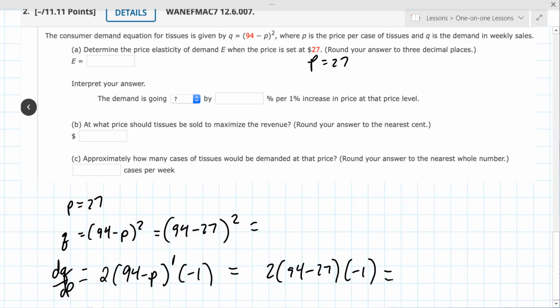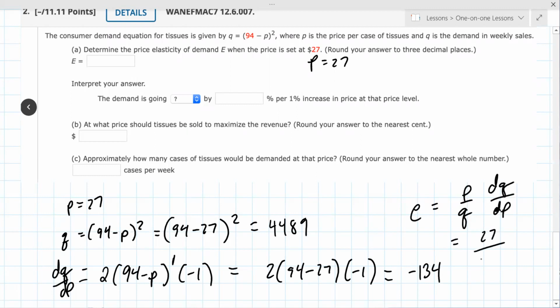So you get these three numbers, which I will give you here. Let me get my calculator out. Price is 27. Q is 94 minus P squared, and dQ/dP is what we just said, minus 2 times 94 minus P. So we get 27, this is 4489, and this last one is minus 134. So your E is P over Q times dQ/dP.